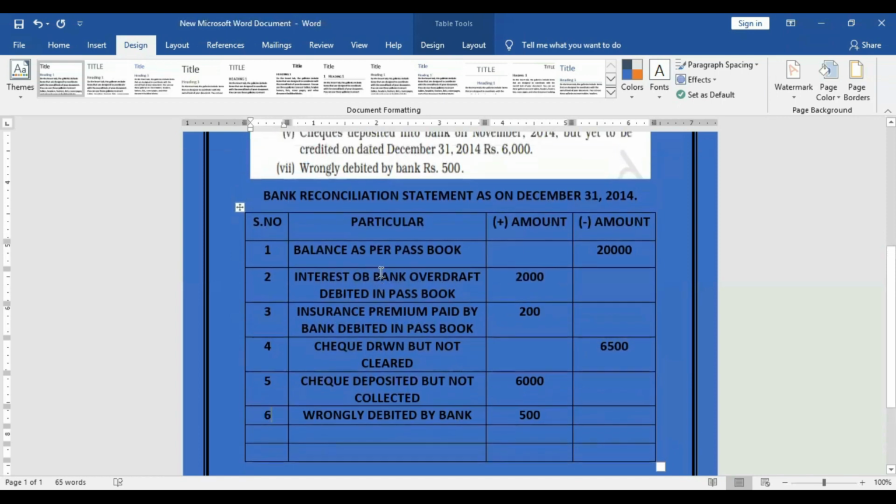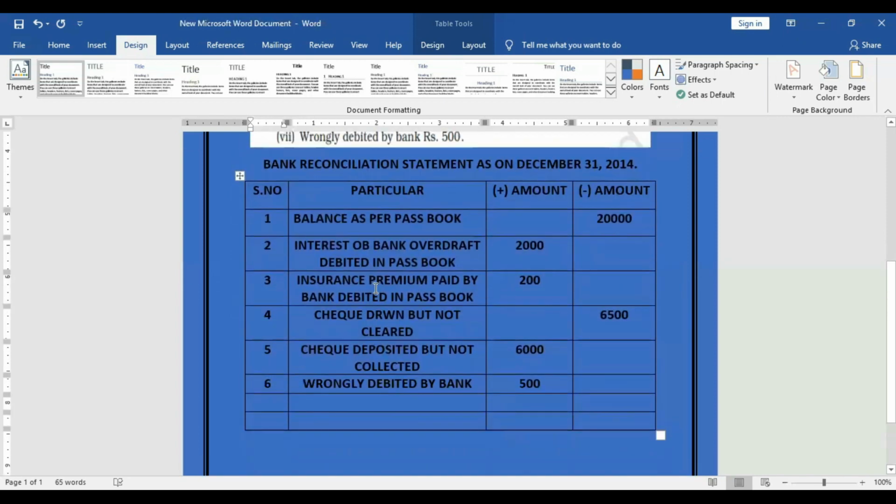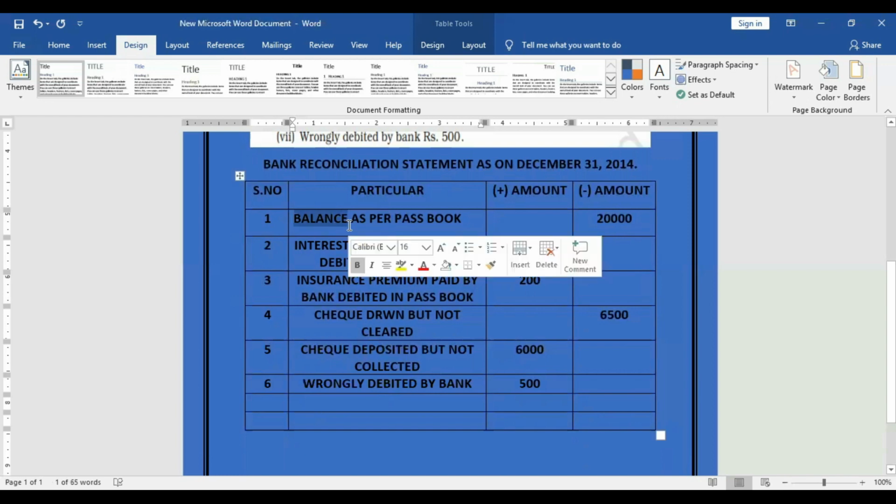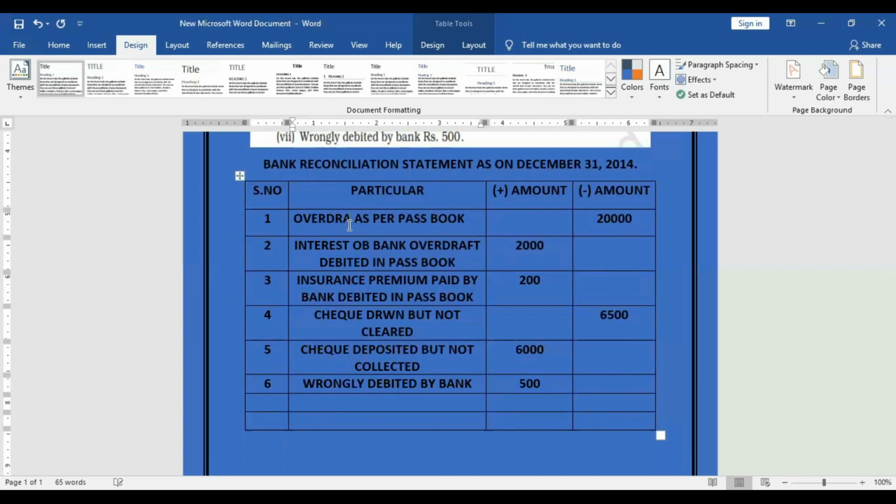So balance as per, not balance, I'm very sorry, this is overdraft as per passbook. So the answer is now overdraft as per cash book.